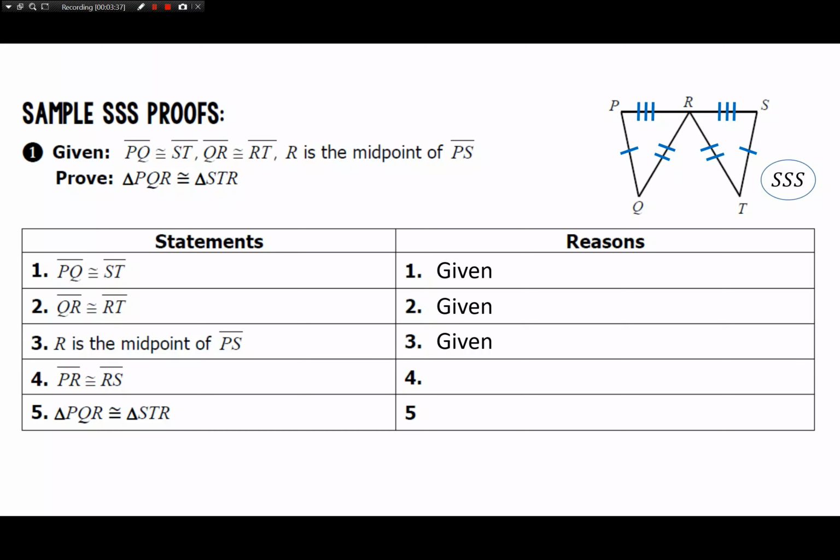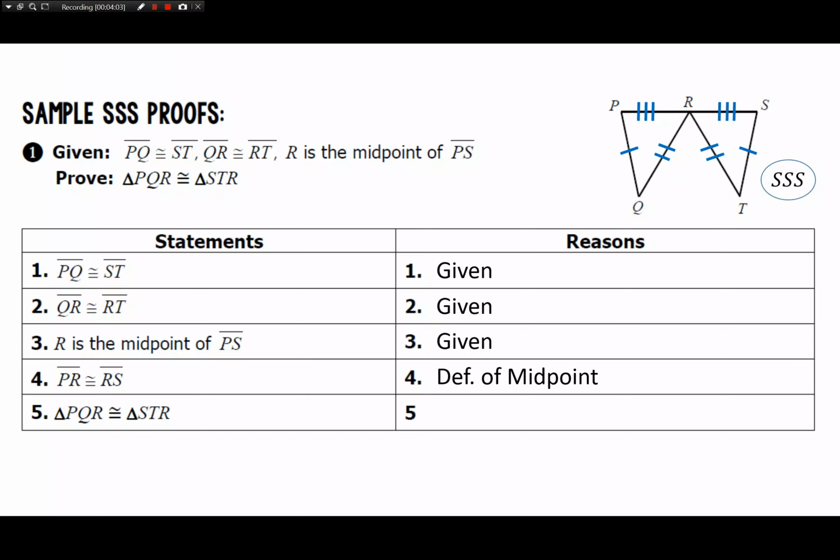Now, for step 4, we had to use a little bit more reasoning skills. When we said that R was the midpoint of PS, we concluded that PR was the same as RS. So we use the fact that R is the midpoint to say that segment PR is congruent to segment RS by definition of midpoint.